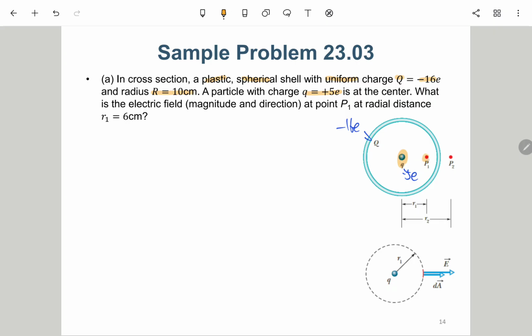P1 is inside the sphere, at the radius distance R1 equals 6 centimeter.